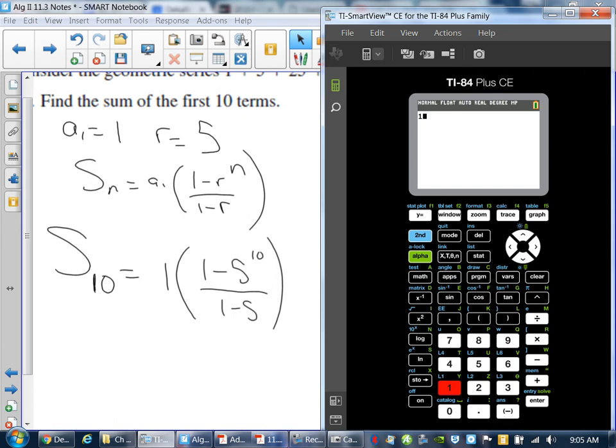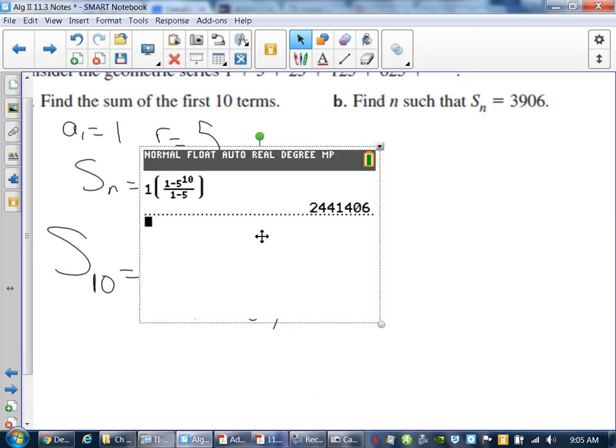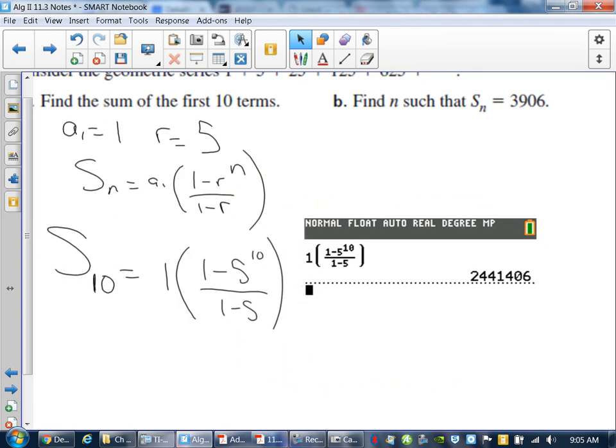But put it all together: 1 minus 5 to the 10th, over 1 minus 5. Throw it in the calculator just like that. That's what I got. Big number. It's 2,441,000.